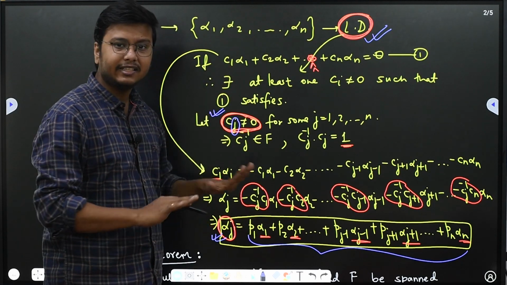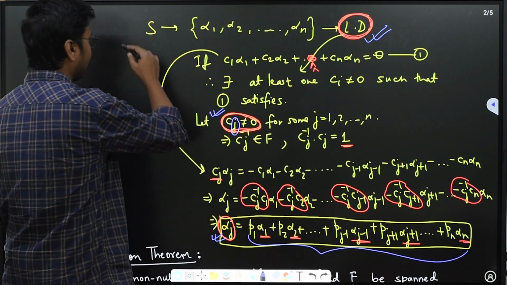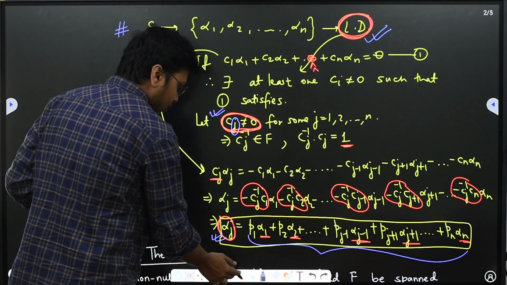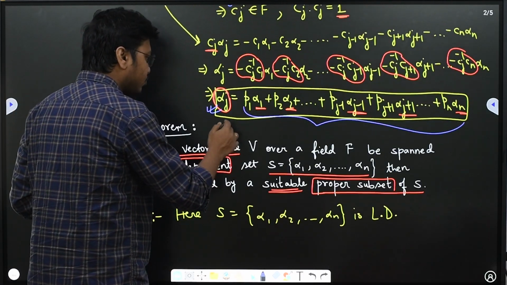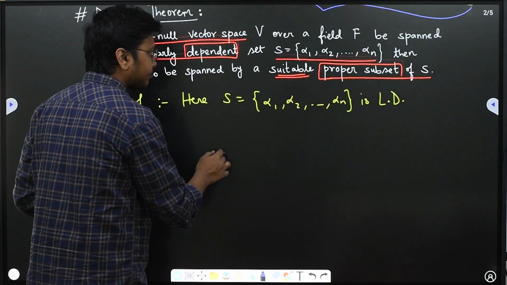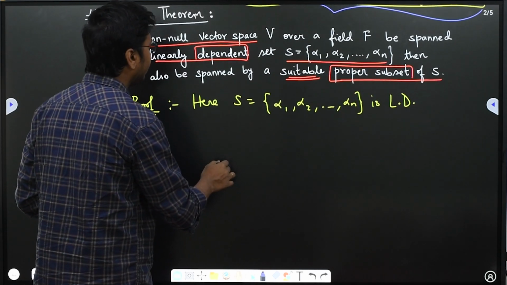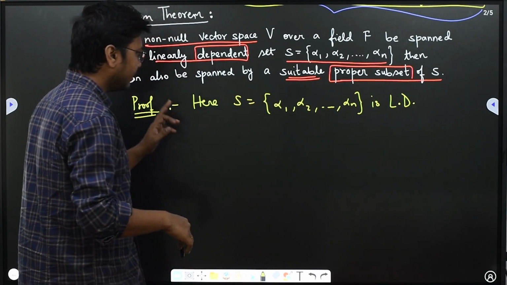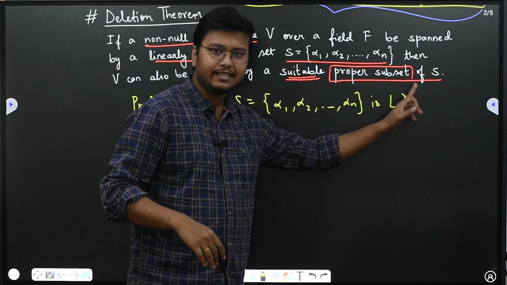This can be treated as an independent theorem, which I have not done, but right now you are getting that. So I'll come back to the deletion theorem here and see how I can use the thing that I showed you just now, that here S is linearly dependent.